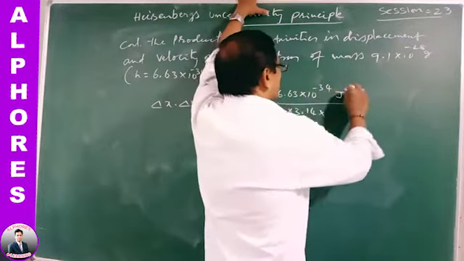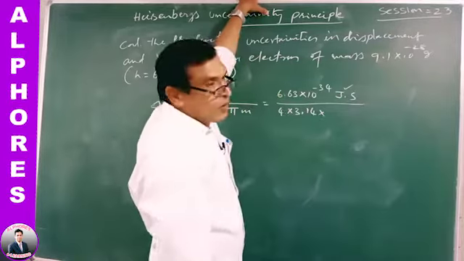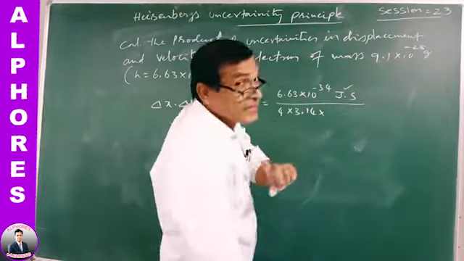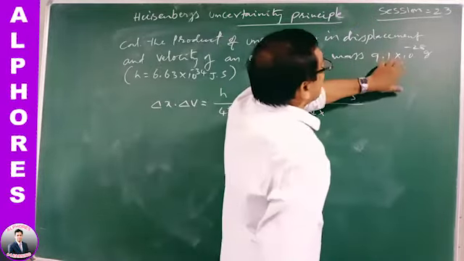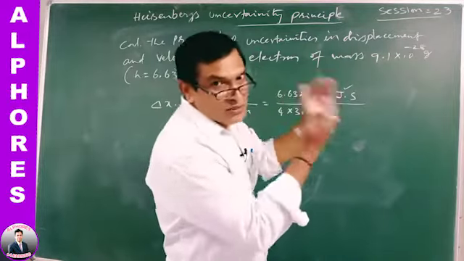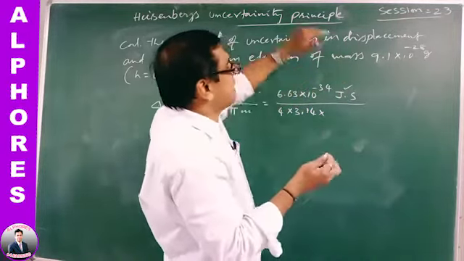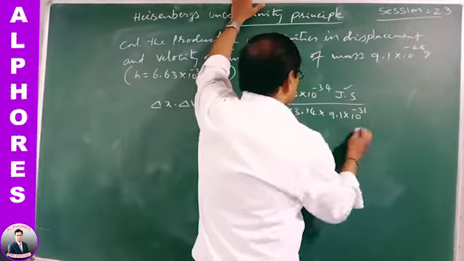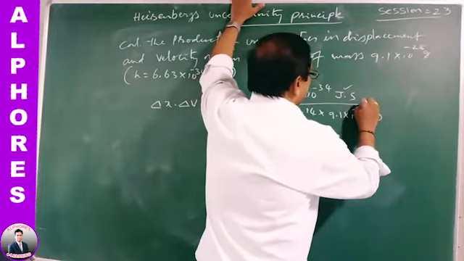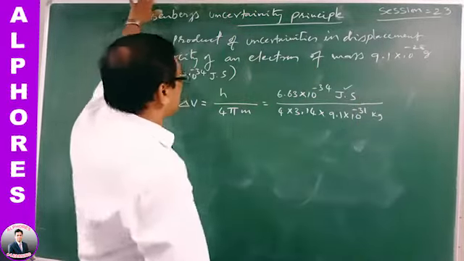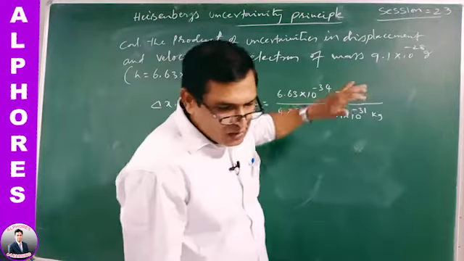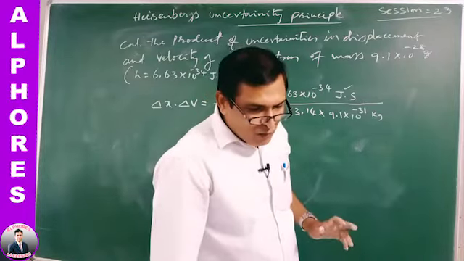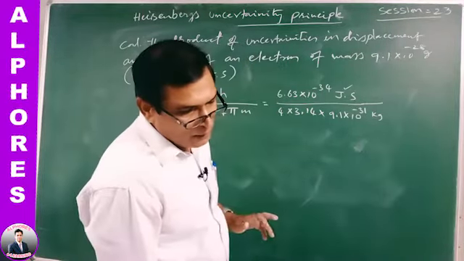Planck's constant value is already given in SI unit, so we should consider the mass of the electron in kg. Since it is in grams, add 10 to the power minus 3. That becomes 9.1 into 10 to the power minus 31 kg. Then on simplifying this, the answer is 5.77 into 10 to the power minus 5.